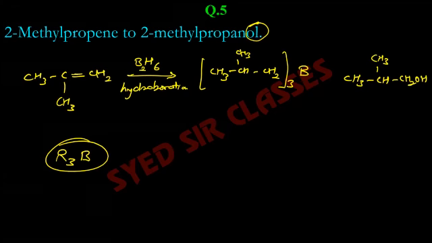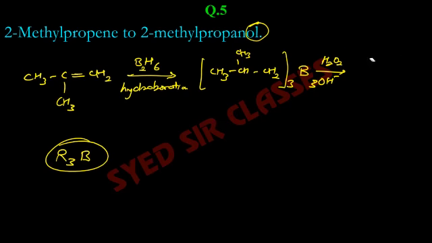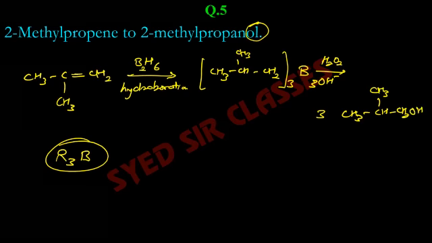After that, in the last step, you have hydrogen peroxide with a base. So this is H2O2, OH minus. Obviously 3 OH minus because 3 OH are required. And you get 3 molecules of this one. So instead of writing 1 molecule, you can write 3 of CH3, CH, CH3, CH2, OH. The yield in this one is better as compared to aqueous KOH.